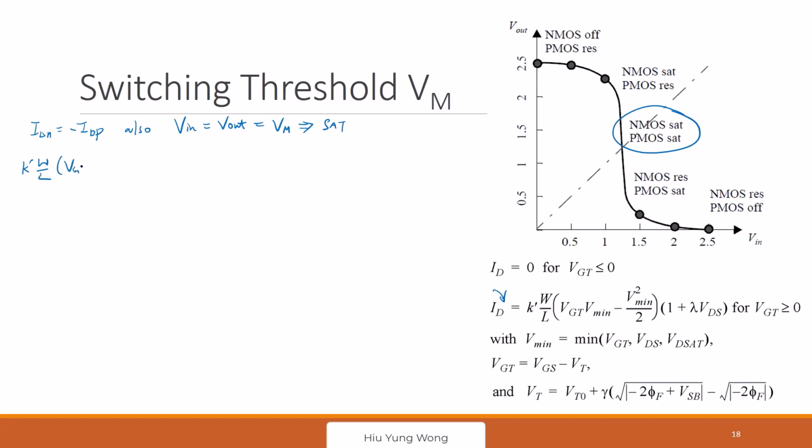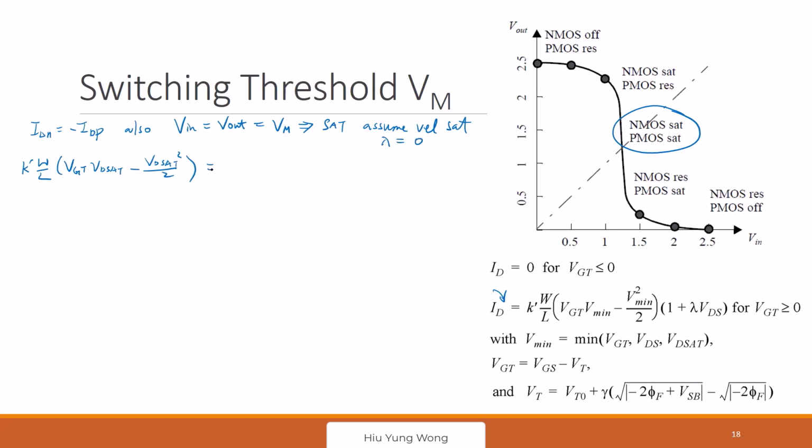I don't know, because I did not tell you whether it's pinch-off or velocity saturation, but let's assume velocity saturation for our technology. So that will be VDSAT minus VDSAT squared divided by 2. That is the IDN. And here I'm going to ignore channel length modulation.